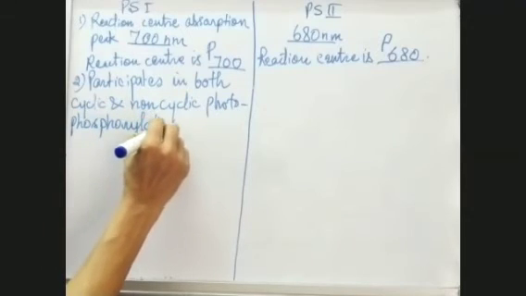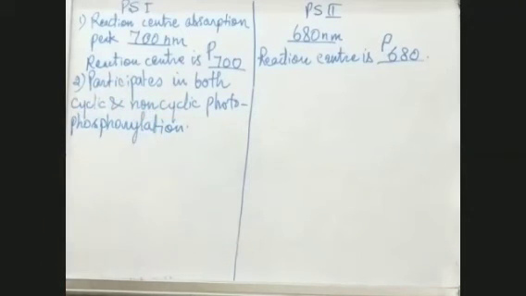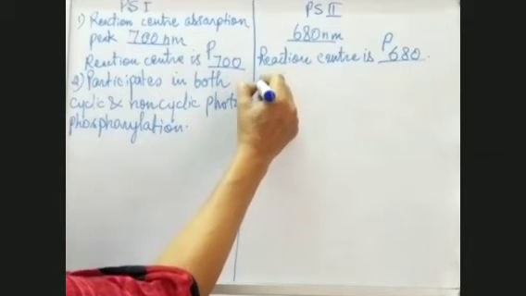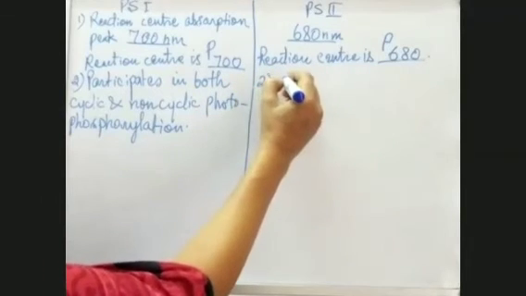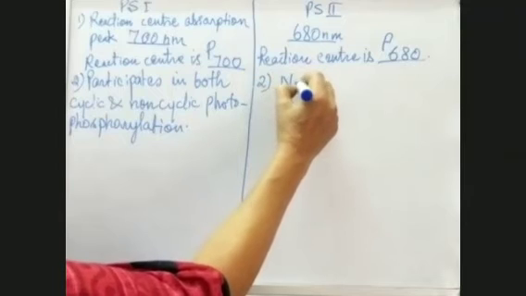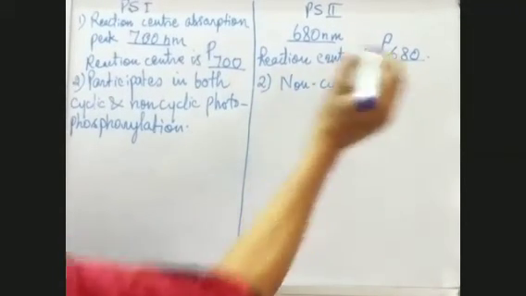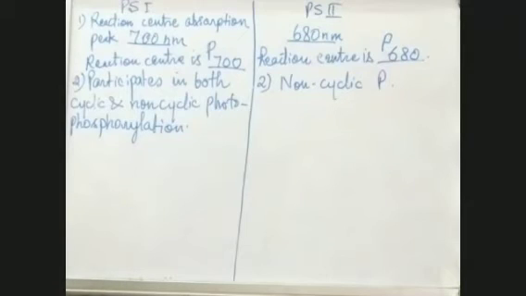This is the second point of difference between the two, because PS1 is seen in both the cyclic and non-cyclic, whereas PS2 participates only in non-cyclic photophosphorylation, does not participate in cyclic photophosphorylation. So this is the second point of difference.